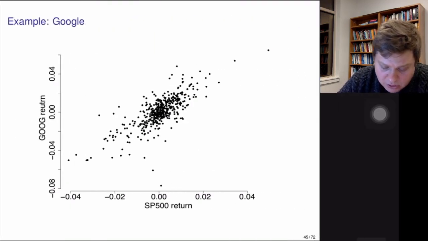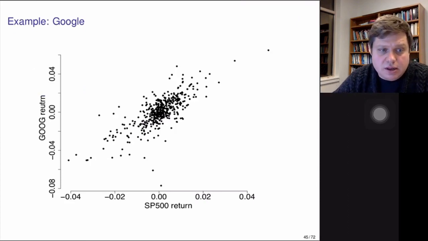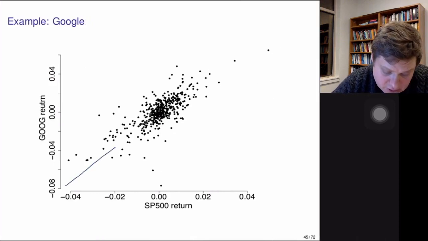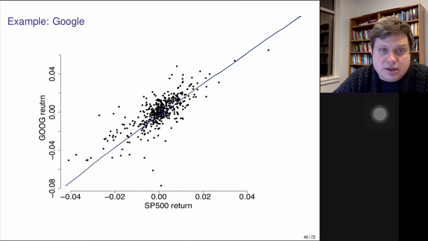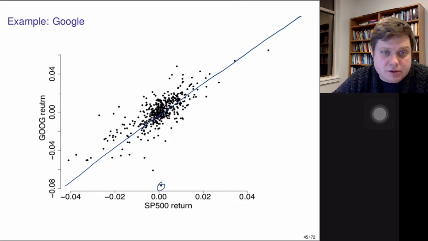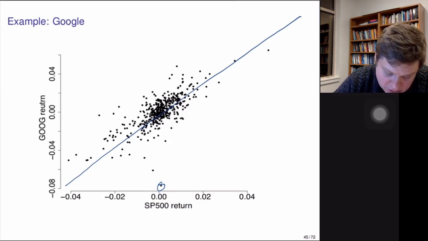All right, so let's look at the data set. You see the scatter plot. This is data for Google returns versus S&P 500 returns, and you can see that a linear model is a relatively good assumption here. We have a few outliers here. We have an outlier here when the S&P 500 barely returned anything and Google had a huge drop. And we also have an outlier here.